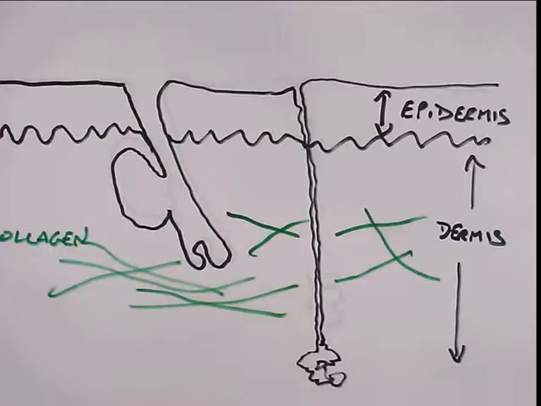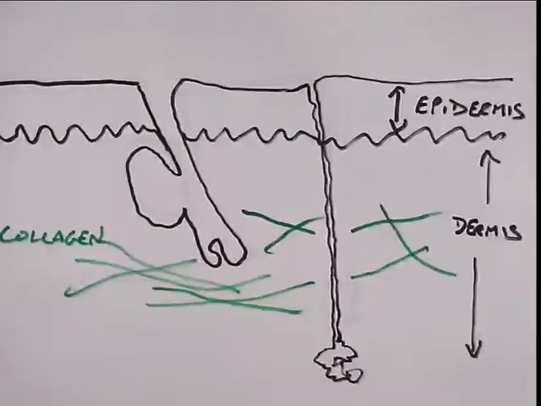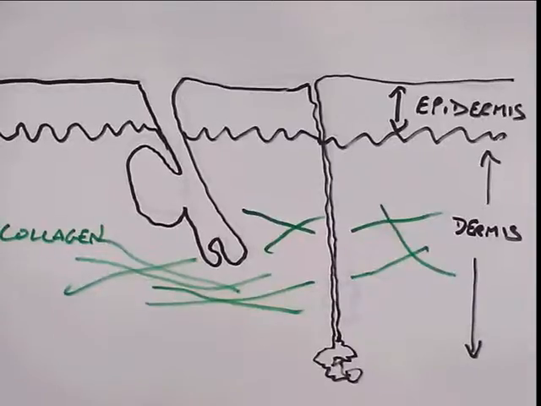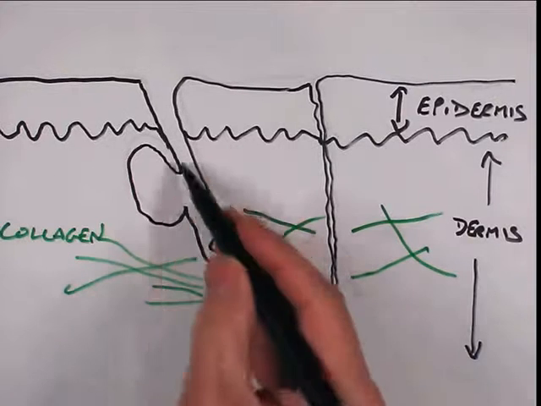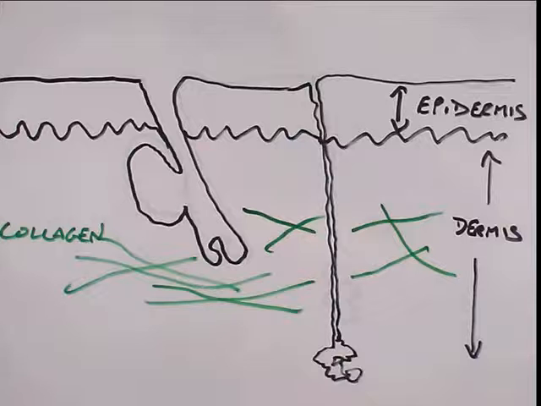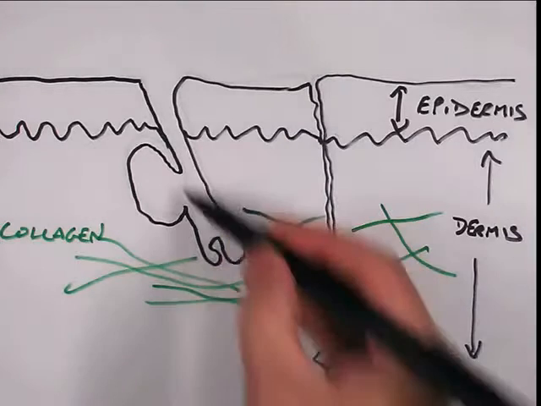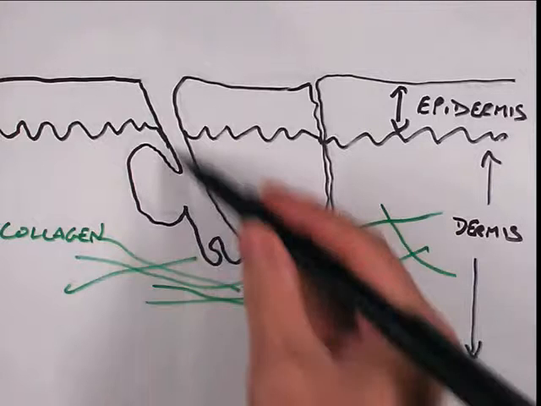And we'll talk again about the structure of the dermis in the next lecture. The features that you should note here are that extending down from the epidermis into the dermis, and these are extensions of the epithelium, so they're epithelial derivatives, are two key structures.